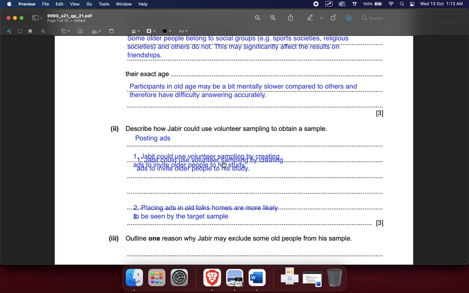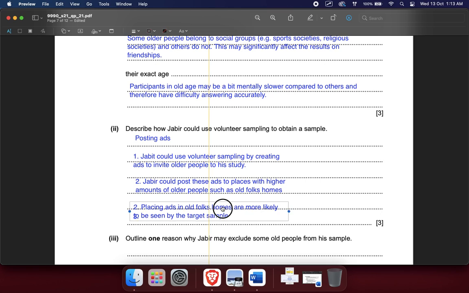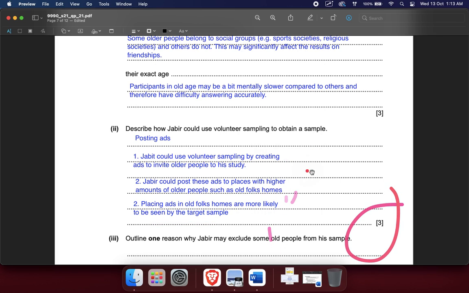Second point would be: Jabir could post these ads to places with higher amounts of older people, such as old folks' homes. Right? Placing ads in old folks' homes are more likely to be seen by the target sample. So 1, 2, 3. Right?